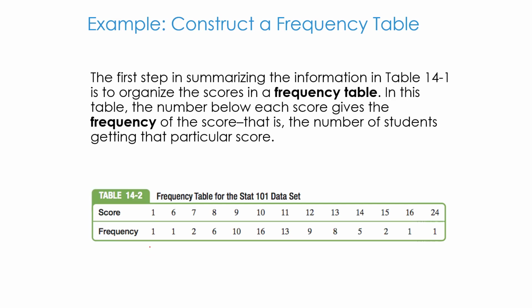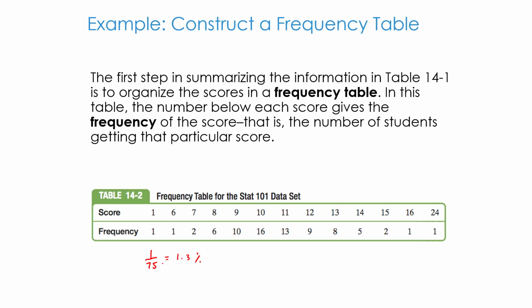So the relative frequency would be to take, there's 1 out of 75, right? And you can write that as a percent, 1.3%, if you round that to the nearest tenth of a percent.